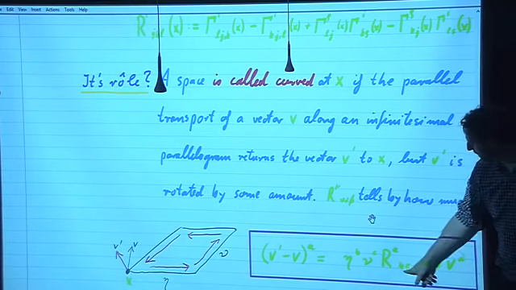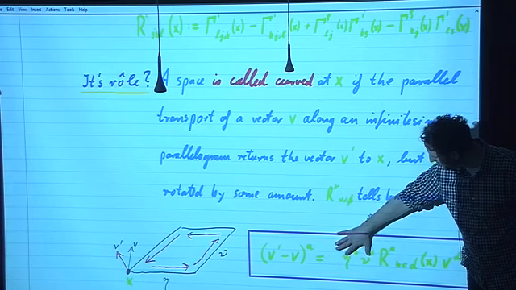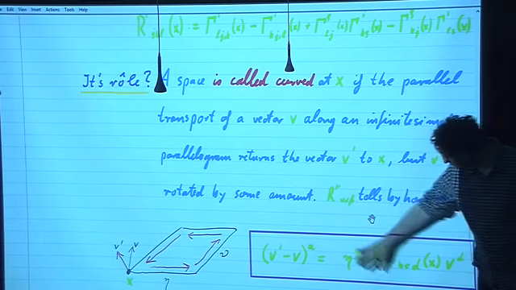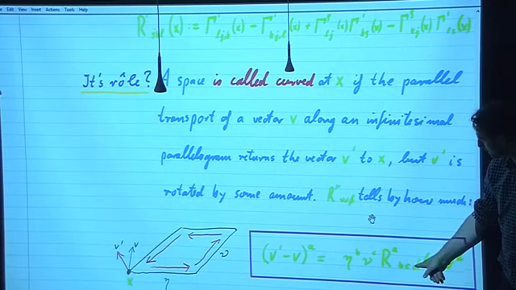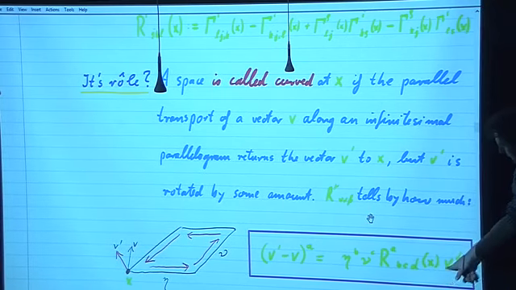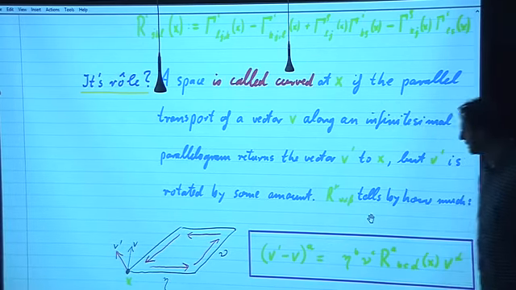The first two coefficients are there to contract with the two vectors that describe the parallelogram's shape, and this component is to be contracted with the vector that's parallel transported. And then that component is the change of direction vector.